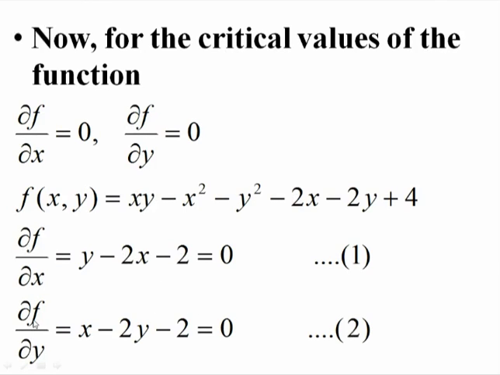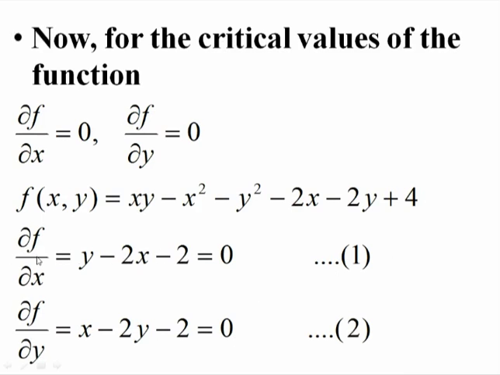So del f by del y: differentiation of xy is x, so this is x, then minus x square is 0 because we are differentiating with respect to y, and the partial derivative of y square with respect to y is 2y, so this is 2y, and this is 0 because we are differentiating partially with respect to x, and minus 2y's partial derivative with respect to y is minus 2, and this is 0, so we don't write 0 here, and it is equal to 0.